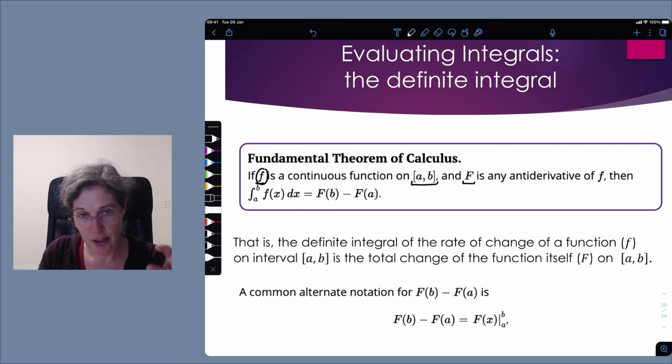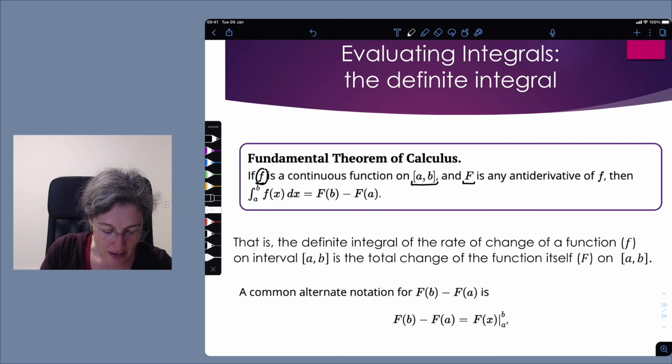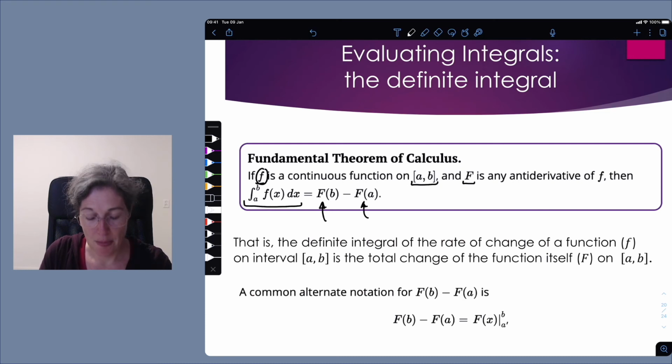So we've got a little f, and we've got its antiderivative, which is big F. Then it turns out that the definite integral from a to b of our little f is the value of our antiderivative at b minus the value of our antiderivative at a. And note that F can be any antiderivative, so you can pick whichever one makes most sense for you.